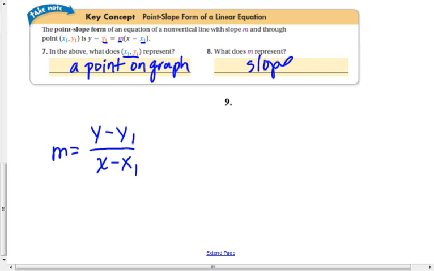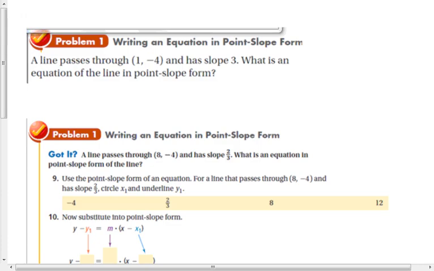Since I have y minus y sub 1 divided by x minus x sub 1, it's the same as if I multiply x minus x sub 1 times the slope, and that's equal to y minus y sub 1. And then if I just switch that around, you have the point slope form of a line. So you just have to get familiar with it and start using it. It's on that pink formula sheet.